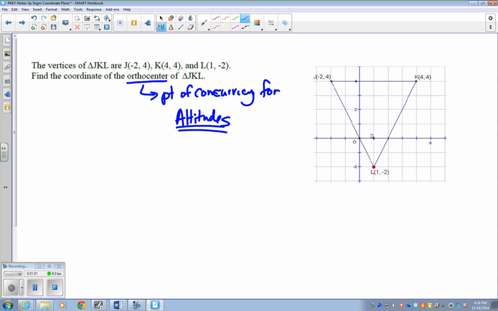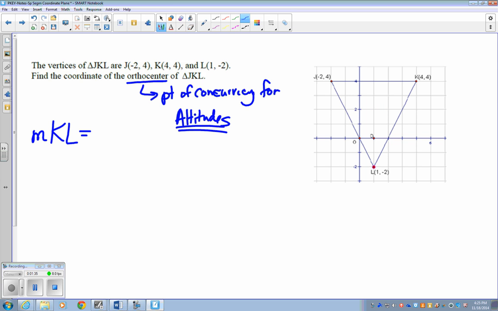So let's start with the vertex J. An altitude has to be perpendicular to the side, going from one vertex to the opposite side, or the side to the opposite vertex. So if I start with J, and I know that the opposite side to J is KL, I need to find the slope of KL and then look at the perpendicular slope.